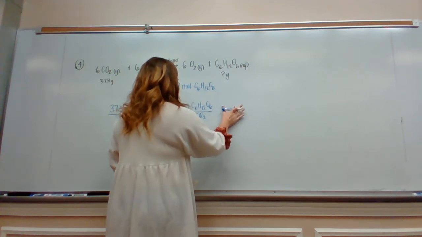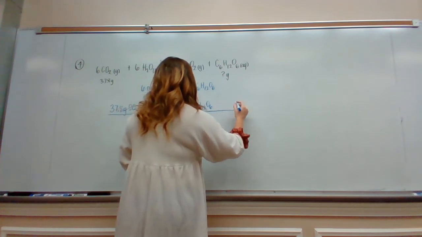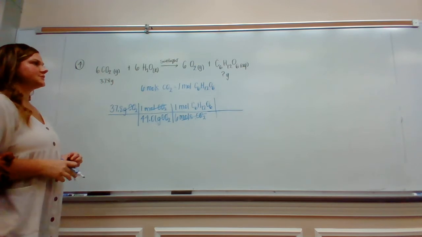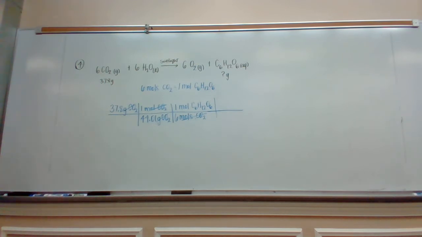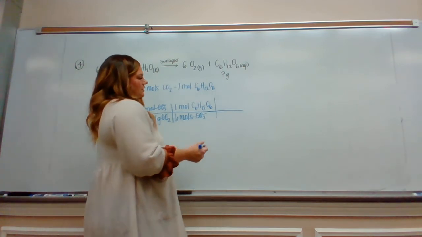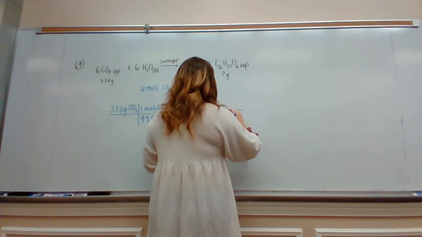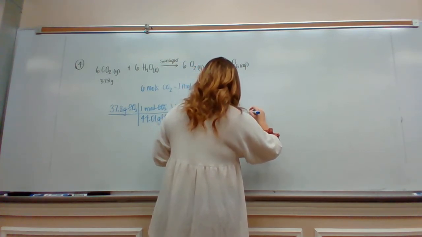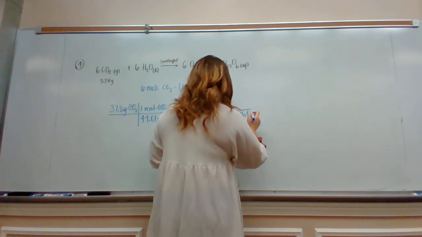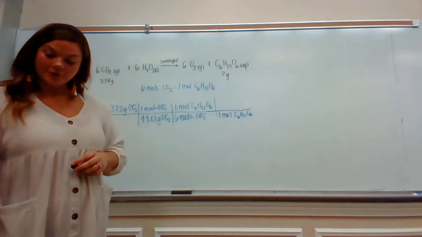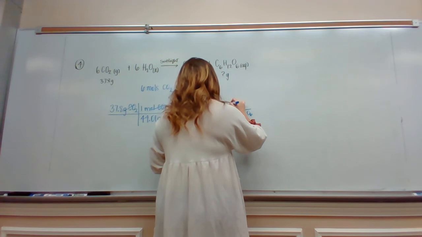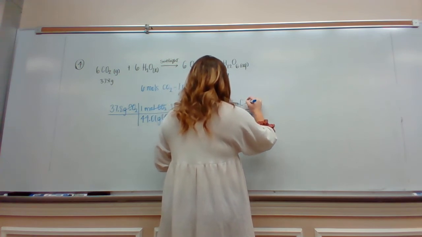Right, so now I have moles of glucose. That's good, but I want grams of glucose, so I need the molar mass of glucose to get it there. The molar mass of glucose is 180.2 grams.